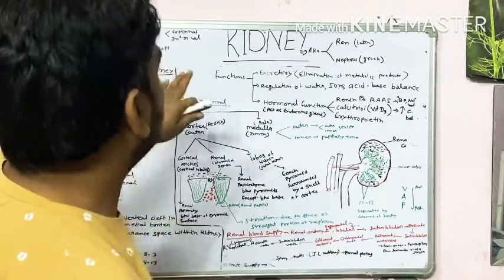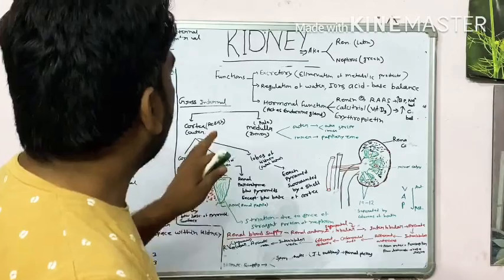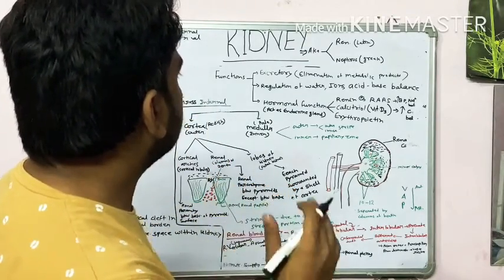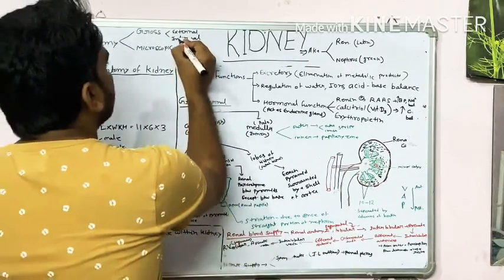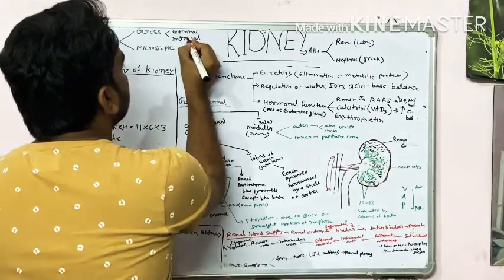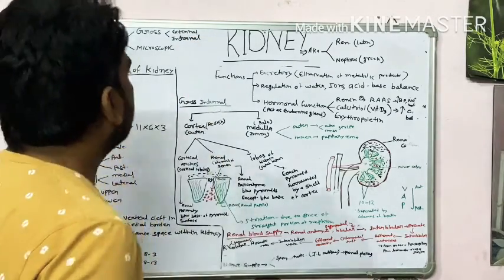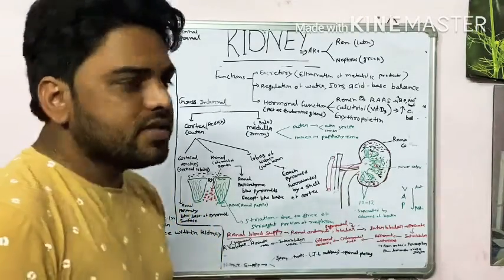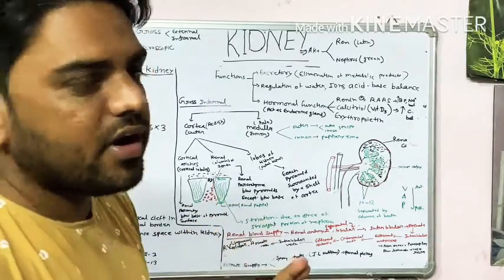Then we will discuss microscopy. Under the gross anatomy of the kidney, we will discuss external features and internal features. First we will discuss the gross external anatomy of the kidney.